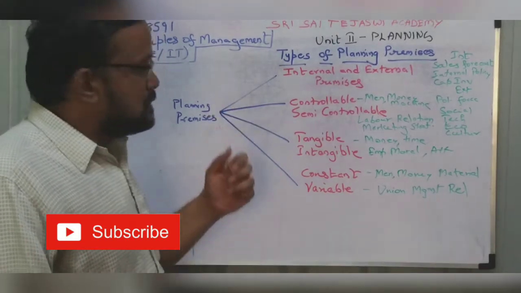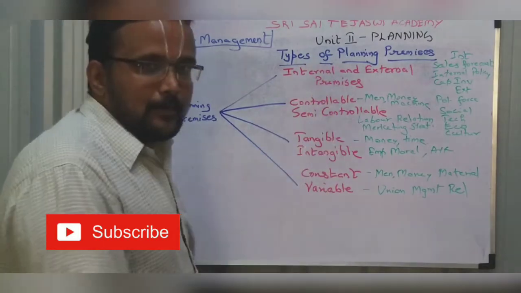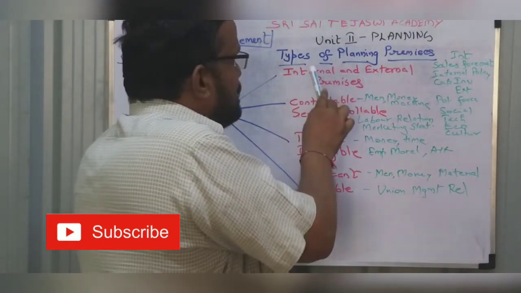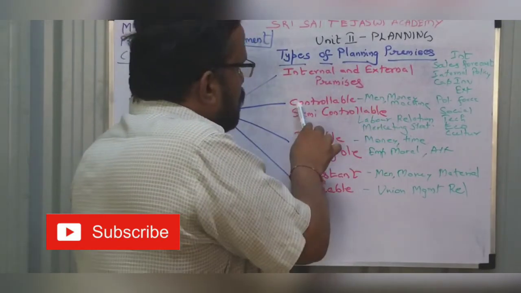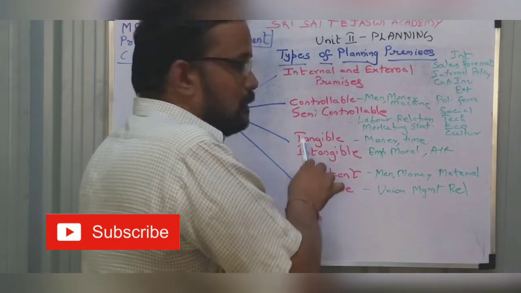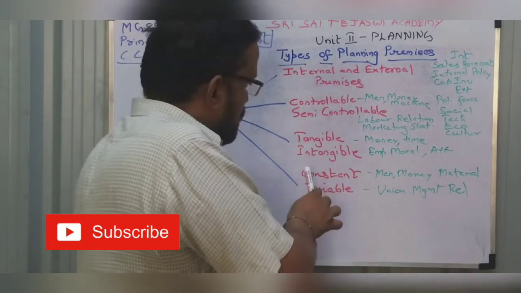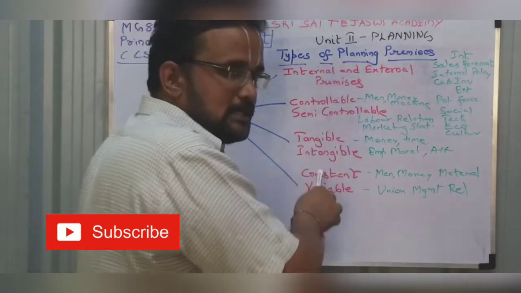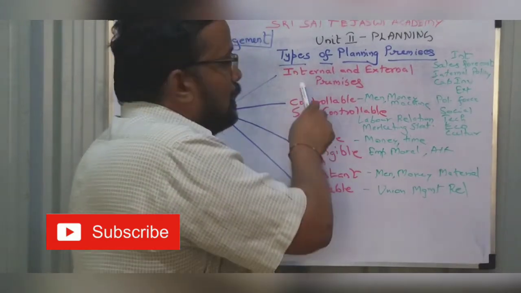Now let us continue with the types of planning premises: internal and external, controllable, semi-controllable, tangible, intangible, constant, variable. So these are all the premises. Now let us see them one by one.